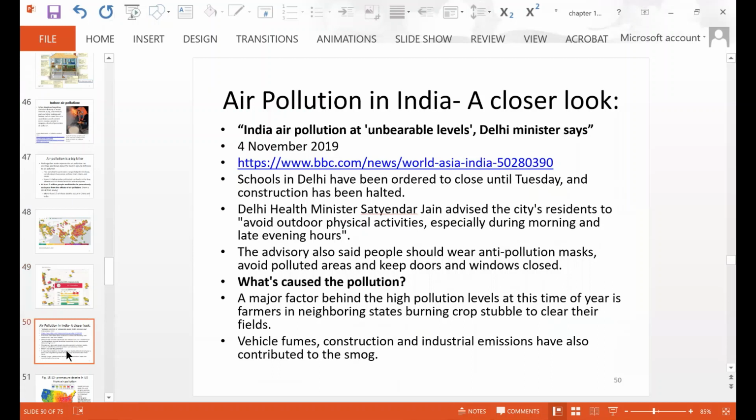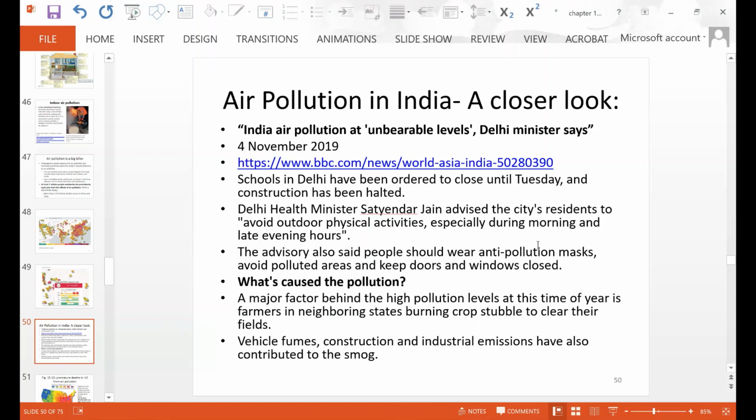Here's a closer look at air pollution in India. In 2019, the air pollution in Delhi was at unbearable levels, and they actually closed schools and they halted construction, and they had these advisories for these city residents to avoid outdoor physical activities, and that they should wear masks and avoid polluted areas, keep their doors and windows closed.